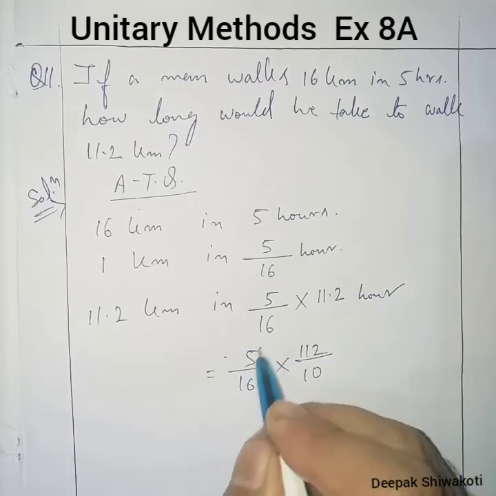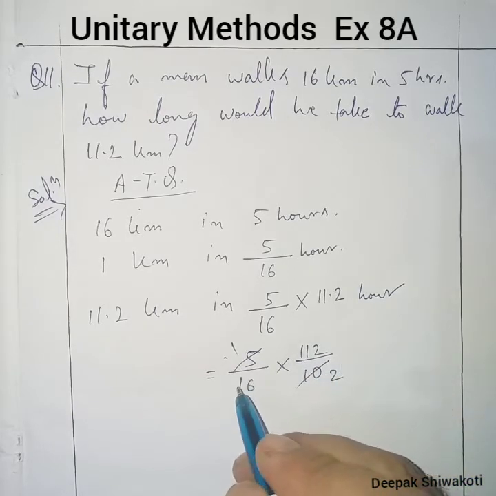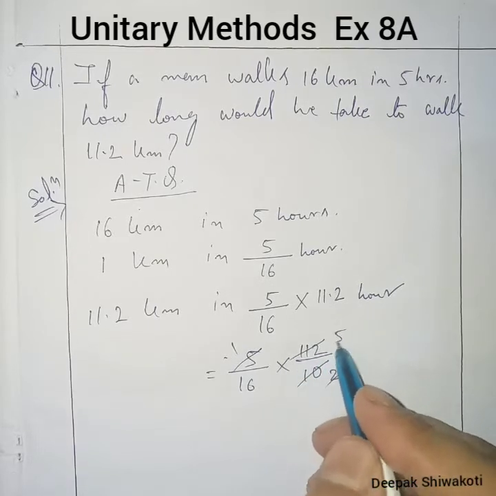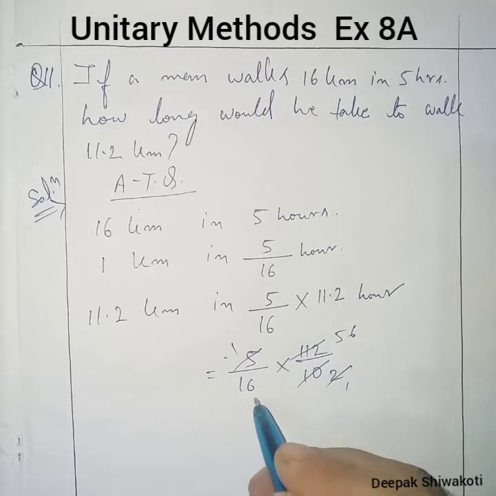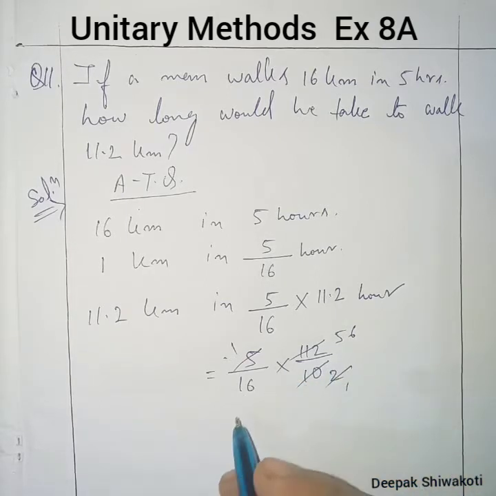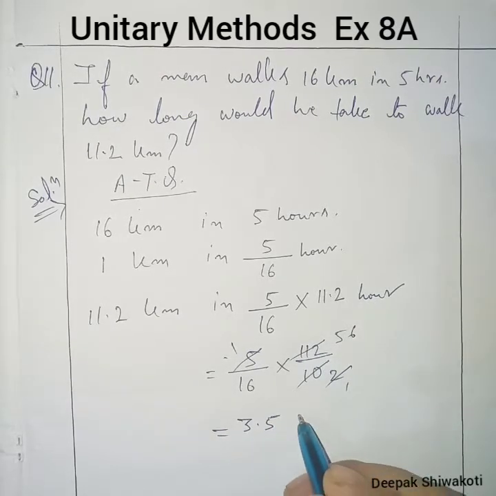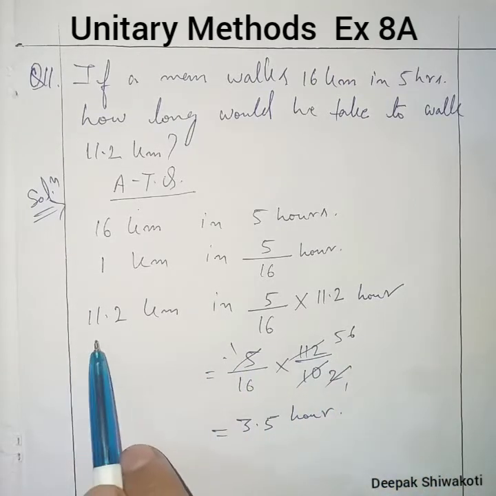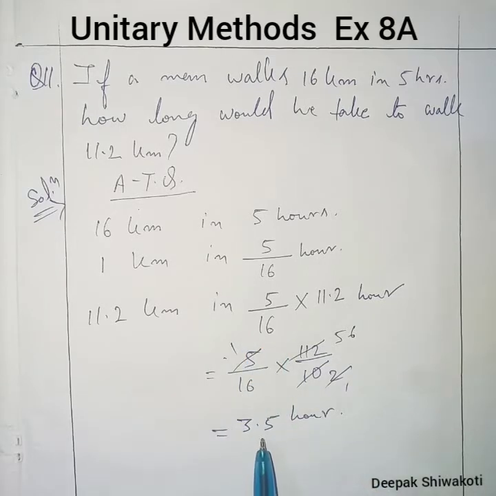So now simplifying 5 1 5 2, here 2 1 56, and when we divide 56 by 16 doing raw, we'll get 3.5 units here hour. So 11.2 kilometer will be covered in 3.5 hour.